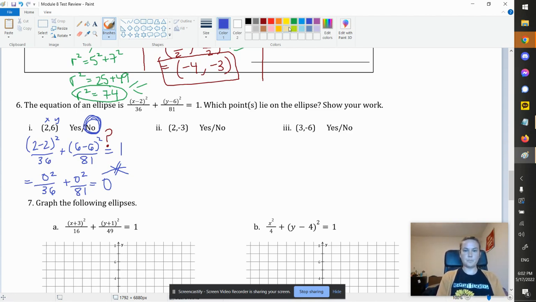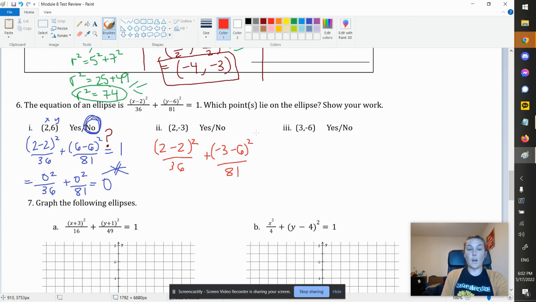All right, let's try this one. If I plug in 2 for x and negative 3 for y, is that going to give me 1? All right, well, 2 minus 2 is 0, so all of this goes away. Negative 3 minus 6 is negative 9.